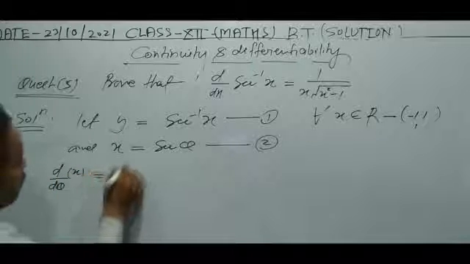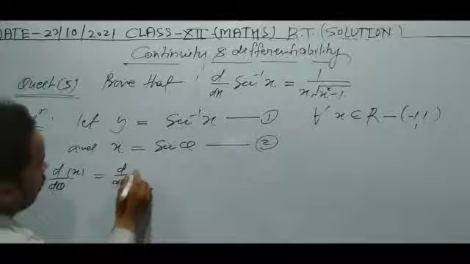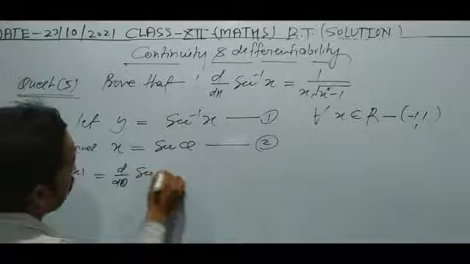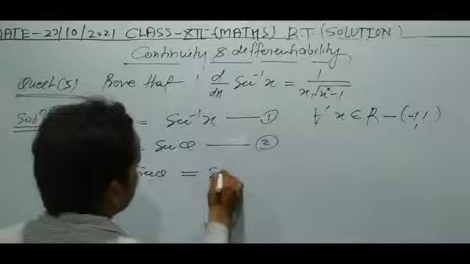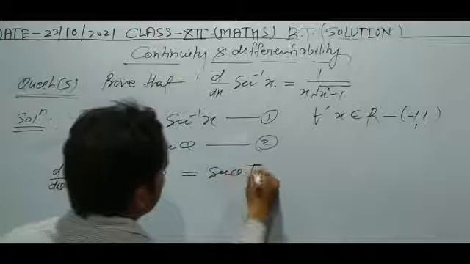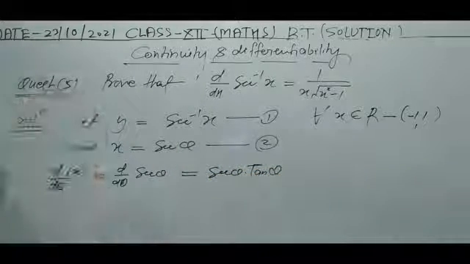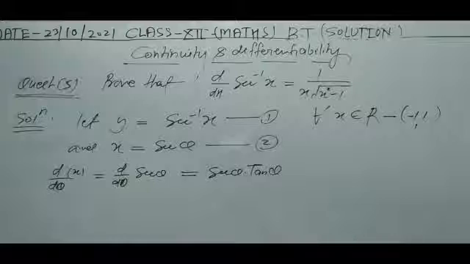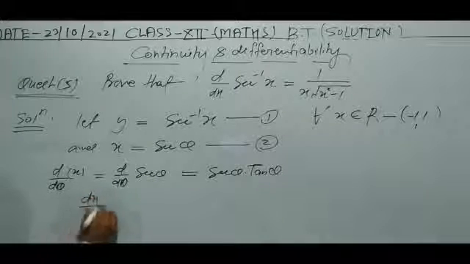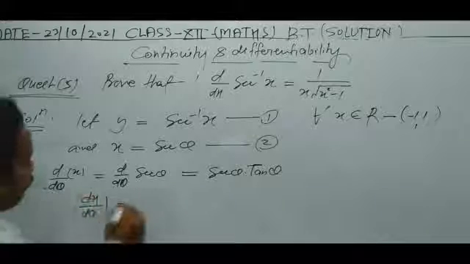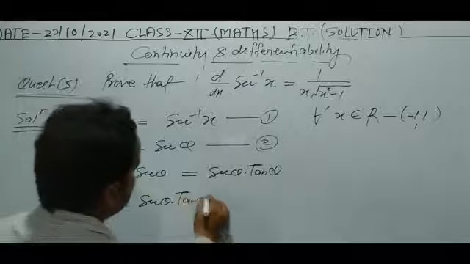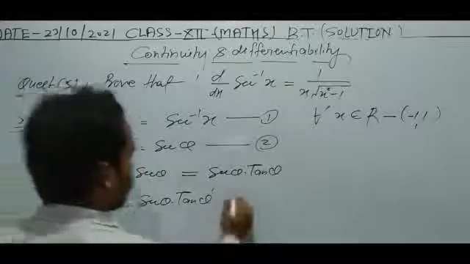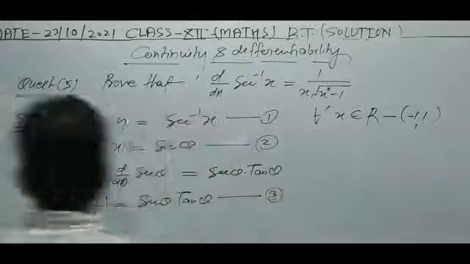So d by d theta of x is equal to d by d theta of sec theta, and its result you know, sec theta into tan theta. Now we can write dx upon d theta value is sec theta into tan theta. Consider equation 3.